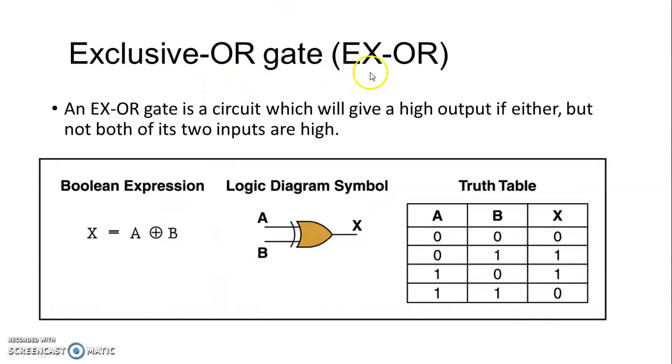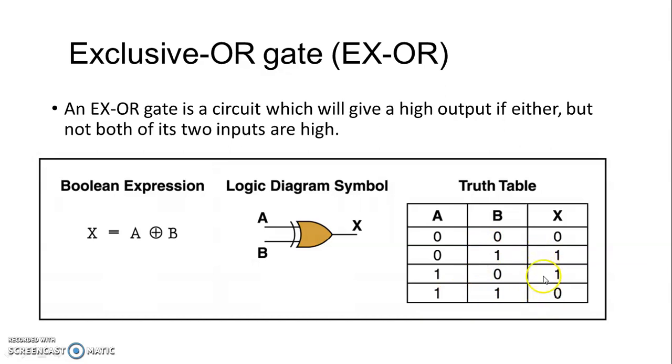Exclusive OR gate, which means XOR gate. XOR gate is a circuit which will give high output if either but not both of its two inputs are high. Which means, if both the input values of XOR gate are same, either 0 or 1, the output will be 0, which means low. Again I am repeating, if both the input values of XOR gate are same, either 0 or 1, then output will be 0.